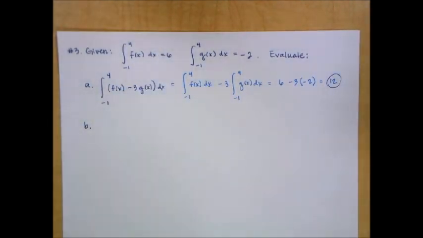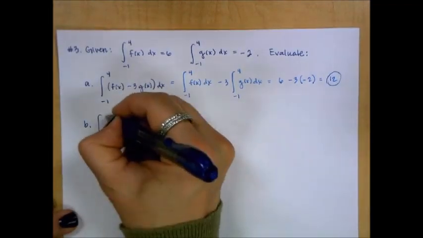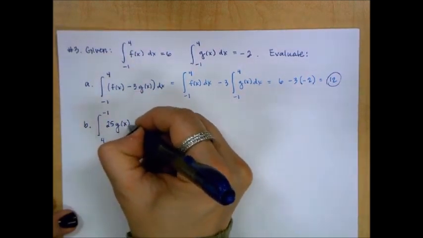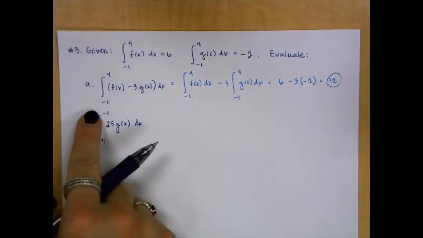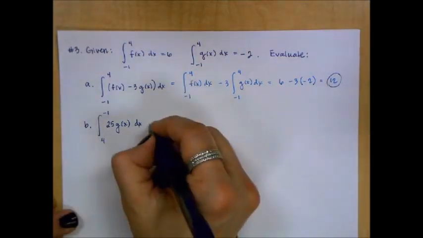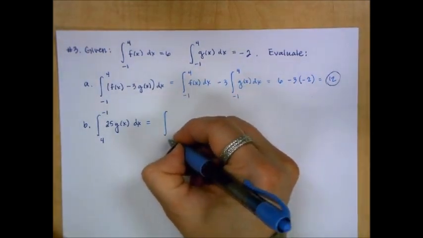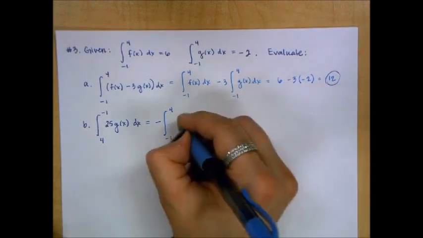In part B, we want to evaluate the integral from 4 to -1 of 25 g of x dx. So my values on my integral are in the wrong order. We want to flip them around. In flipping them around, we generate a negative, 25 g of x dx.